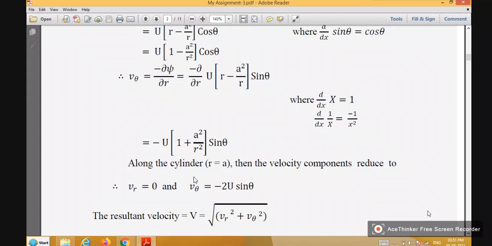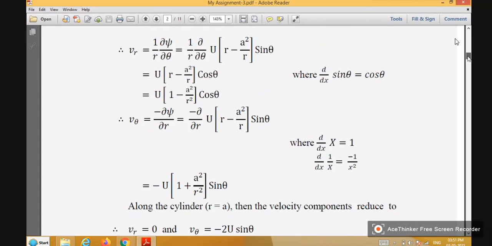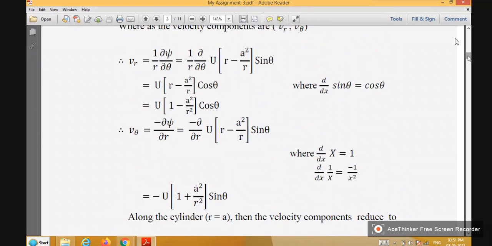Why is VR equal to 0? Why is the velocity along the circumference of the cylinder, VR, equal to 0?